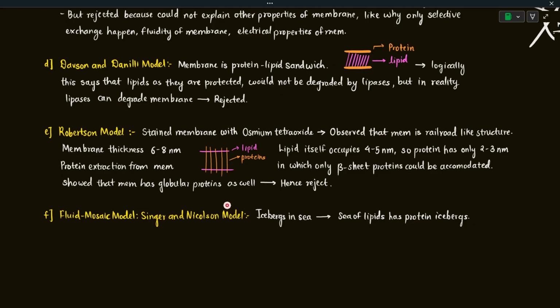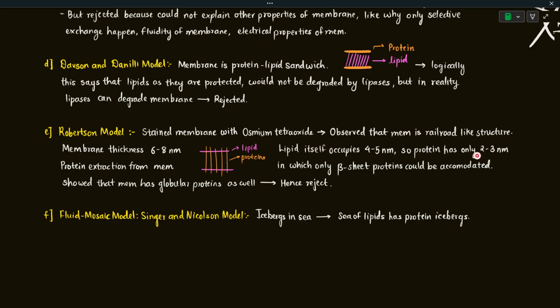But when protein extraction from the membrane was done, it showed that the membrane has different types of proteins, like globular proteins, and big proteins like beta sheet proteins and beta barrel proteins. The membrane has a lot of proteins. Okay, and the membrane thickness was 6 to 8 nanometers. So if you look individually at the size of a lipid, it already occupies 4 to 5 nanometers, and then for a protein the space left is only 2 to 3 nanometers.